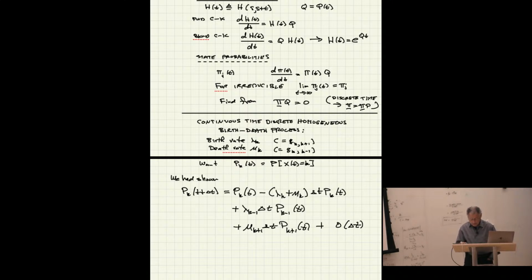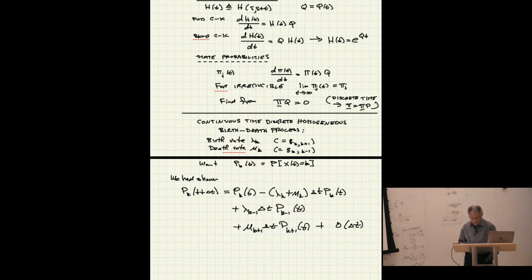We come up with this differential equation: the derivative of pi of t with respect to t is pi of t times this infinitesimal generator Q. For the irreducible case, we know that there's a limit, namely these pi j of t's, as t goes to infinity, get you an equilibrium set of numbers called pi j.